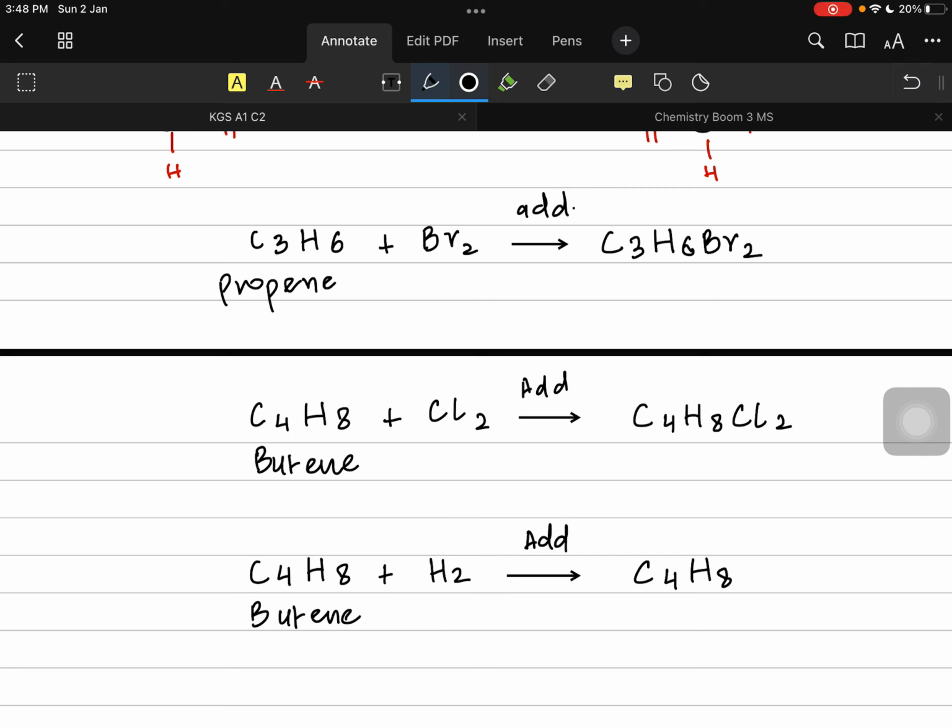So essentially it becomes 10 hydrogens, and now it's not C4H8, it's C4H10, and essentially the two hydrogens have joined the whole molecule. So you don't see any difference between the hydrogens which were previously there and the hydrogens which are incoming. So you get butane, C4H10. So after addition you actually got butane.